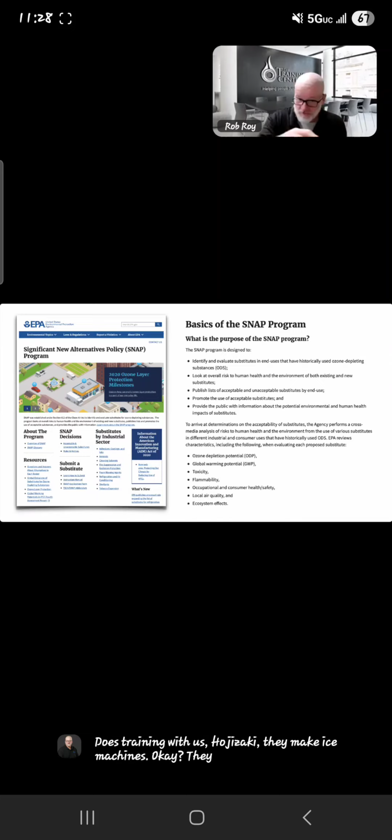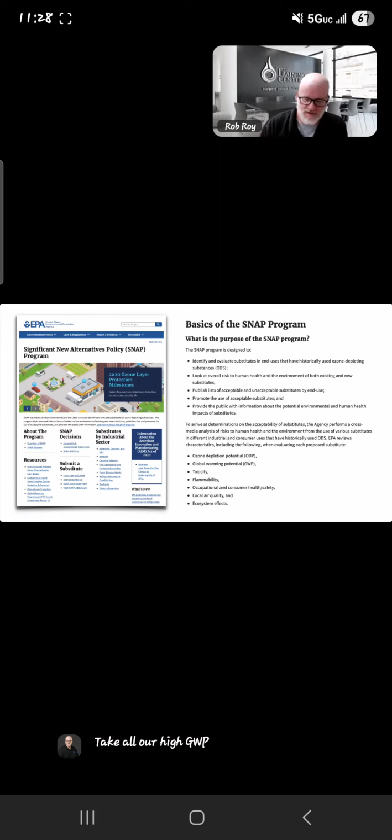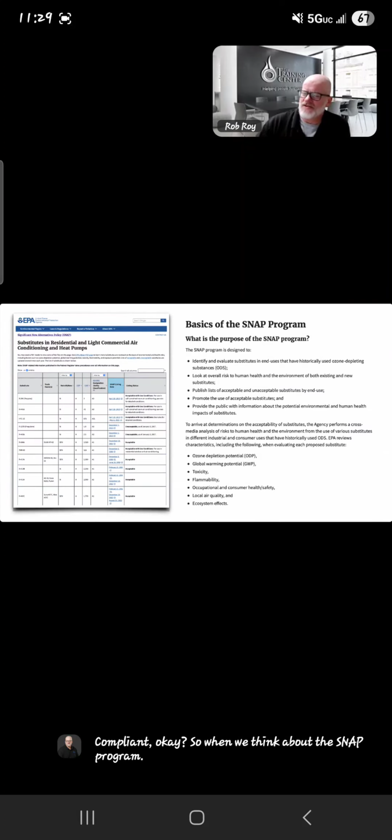They read the SNAP program and they said, okay, we want to take all our high GWP systems to a very low GWP refrigerant. They chose propane, which is a hydrocarbon. It's an HC refrigerant, very flammable. So they had parameters that they had to follow, use conditions. So they're absorbing the cost of that so they can remain compliant.